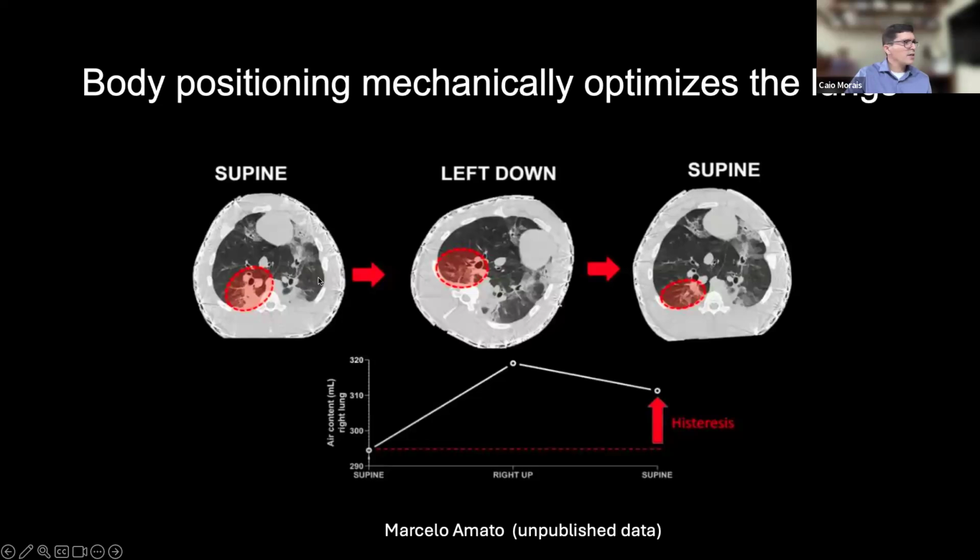We have some data collected in animals suggesting that this is possible. Here we have a CT image in supine, and we can see the air ratio in the right posterior part of this pig. Then we change to left down with this affected area up, and we can see now an improvement in aeration at this part. And once returned to supine, we have an improvement in function.